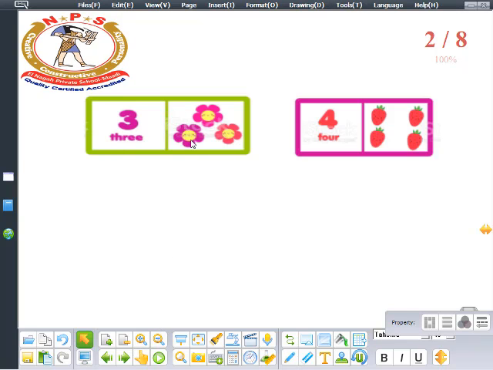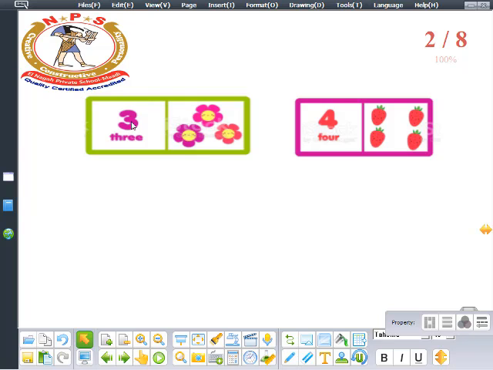Look at these. How many flowers do we have here? I want you to know the quantity without seeing the number. Here we have 3 flowers. 1, 2, 3.